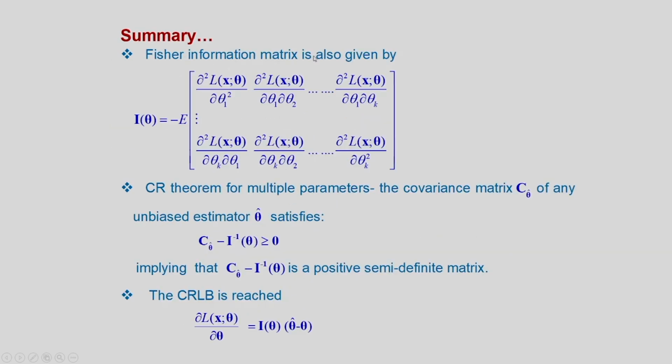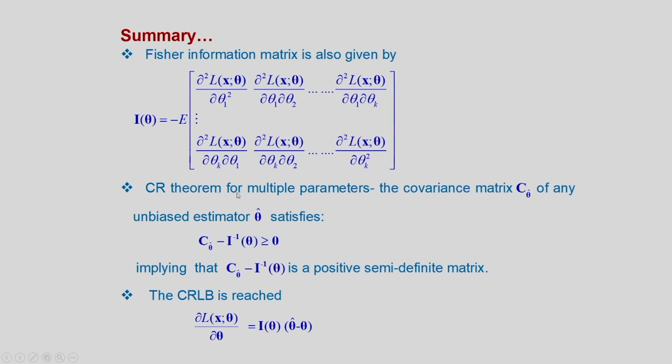The Fisher information matrix is also given by this expression: I(θ) matrix is equal to minus expectation of ∂²L/∂θ1², ∂²L/∂θ1∂θ2, like that, ∂²L/∂θ1∂θk, and going this way the last row will be ∂²L/∂θk∂θ1, ∂²L/∂θk∂θ2, like that, ∂²L/∂θk².